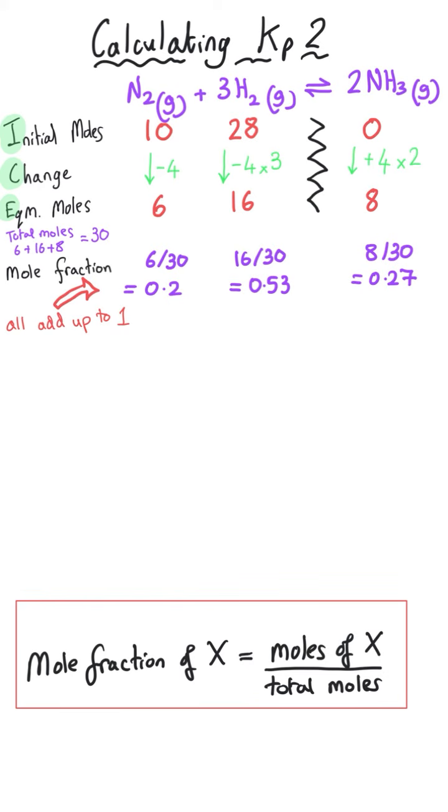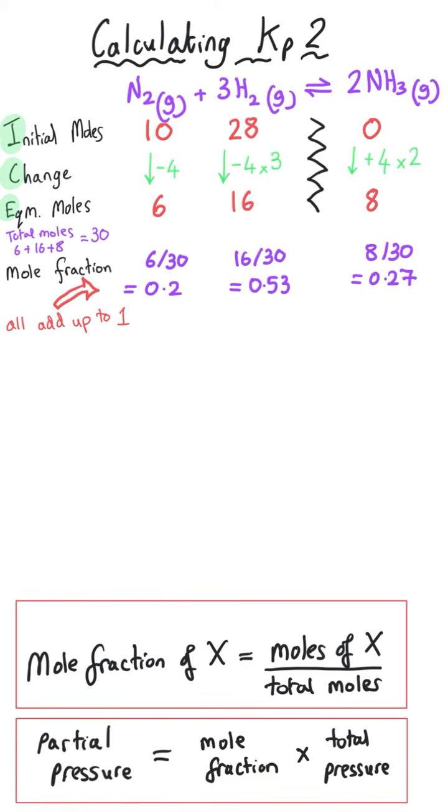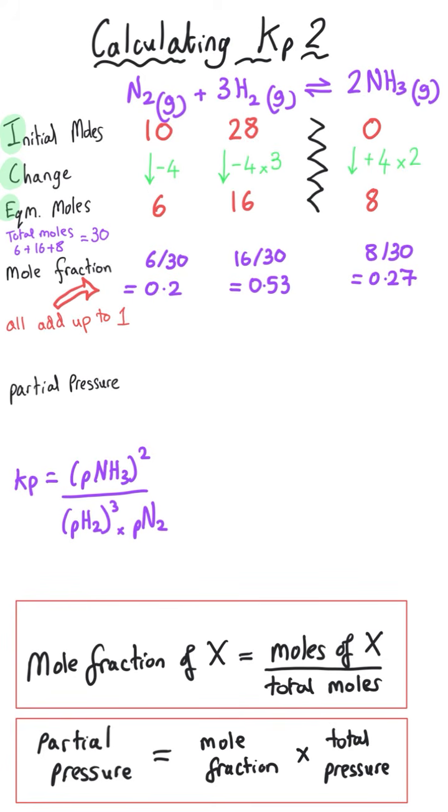And because we're using Kp, we need to ultimately be using an expression with partial pressures in. So to work out the partial pressures, we need to take those mole fractions and multiply them by the total pressure, which you must be given in the question. You're not expected to remember this. If you're not given a total pressure, that's because there are equal number of moles on both sides of the equation, and so you don't actually need it, and you can just use mole fraction.